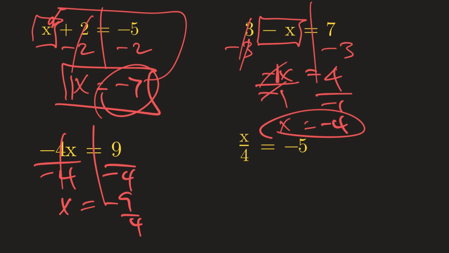Leave it as a fraction, but make sure that the fraction is fully reduced. Negative 9 over 4 is fully reduced. You cannot make that more simple. I cannot divide 9 and 4 by anything other than 1.